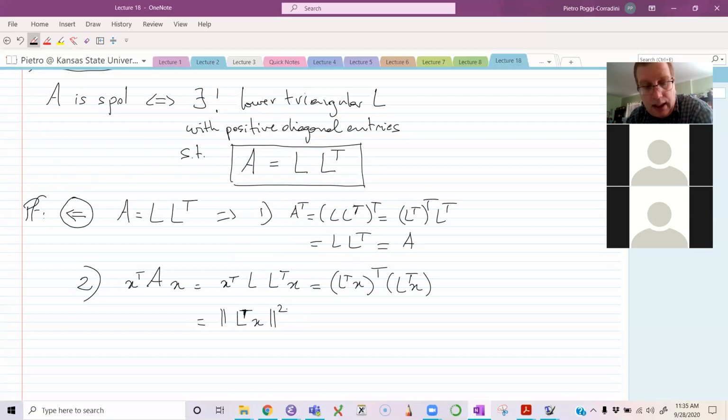But the key then is that this is certainly greater than or equal to 0 because it's a norm. But what about equality? When can it be equal to 0? The idea here is that if x is non-zero, then L transpose x is also non-zero because L transpose is non-singular.